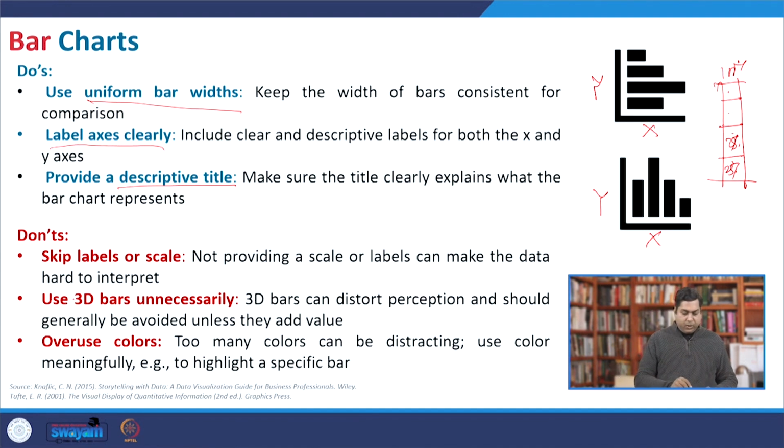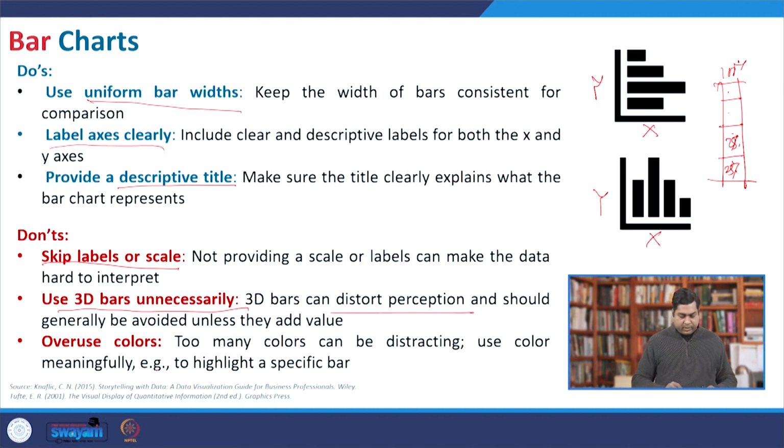At the same time, what you should not do: you should not skip the label or scale. Very important, scale plays a very crucial role. If we go without scaling the data, and it is in millions, maybe the figures will look different, distorted. Then, unnecessarily do not use 3D bars, which nowadays maybe look good, but may give a distorted perception.